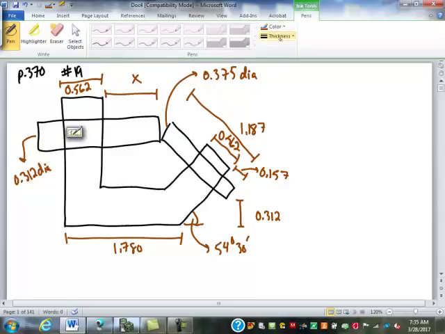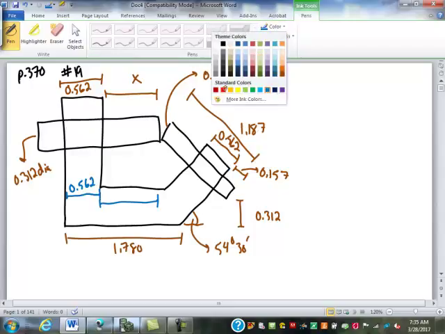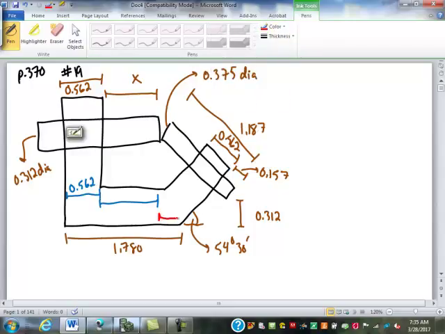Now to find X, that distance right there, we know this distance here is 0.562. So if we could just find this distance from here to here, we could then find X. So if we could find this red distance here.